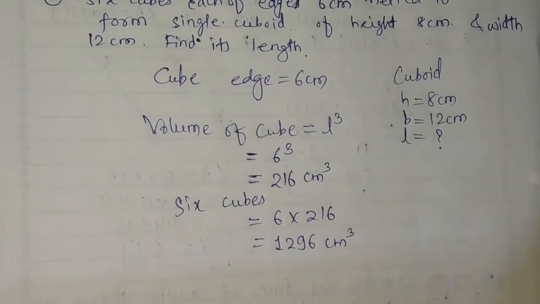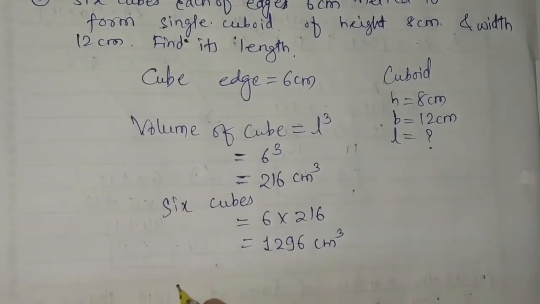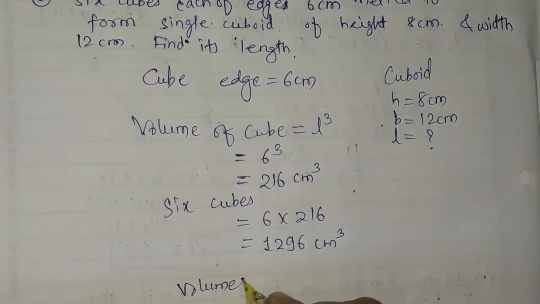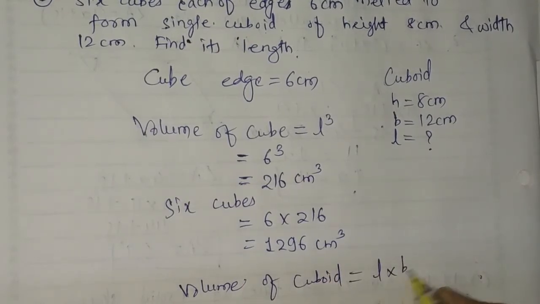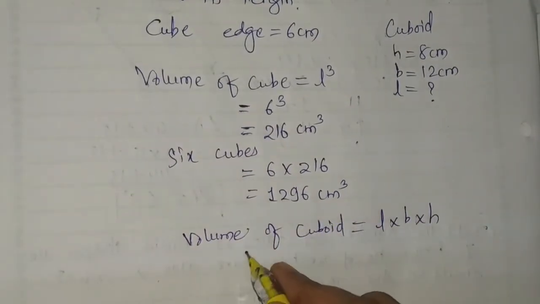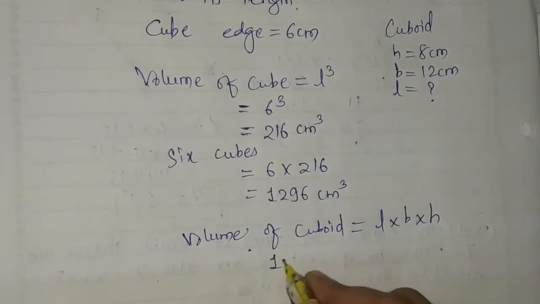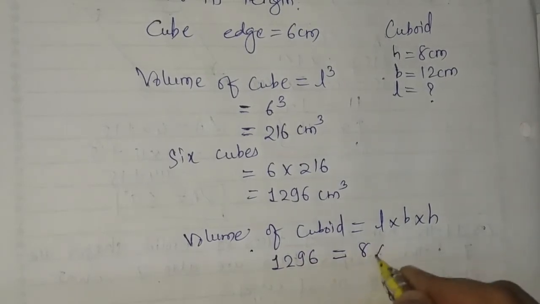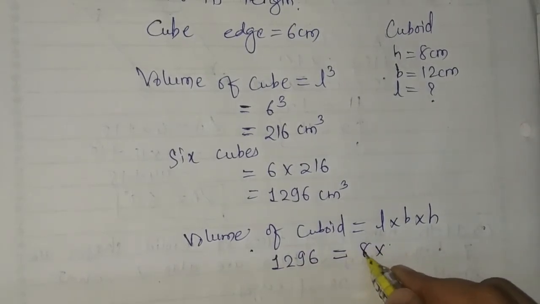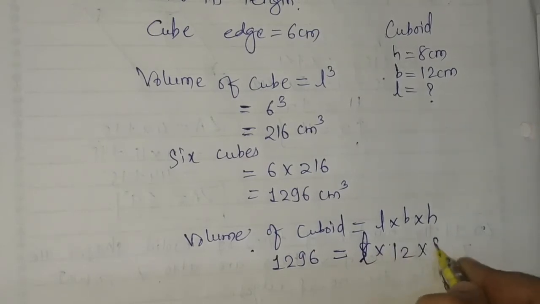The volume of the cube and cuboid is going to be the same. So we'll write the volume of cuboid. It is nothing but L into B into H, and the volume of cuboid is equal to the volume of the cube. So 1296 is equal to length, which we have to find out, so we'll keep it L, and the breadth is 12 and the height is 8.